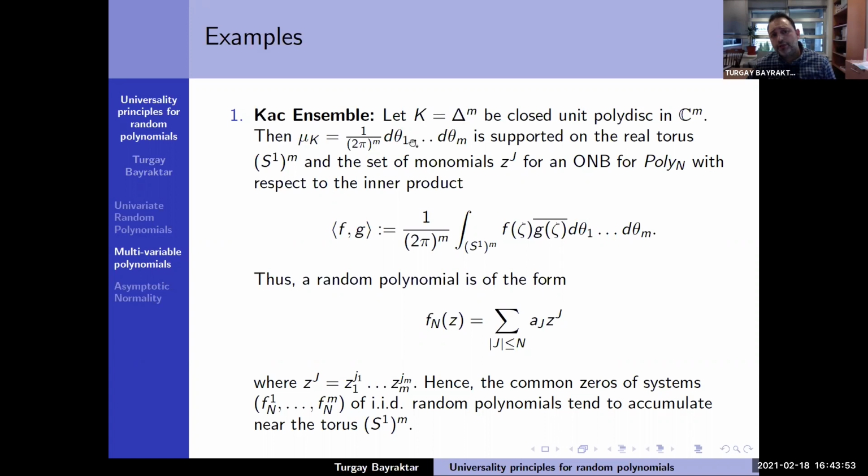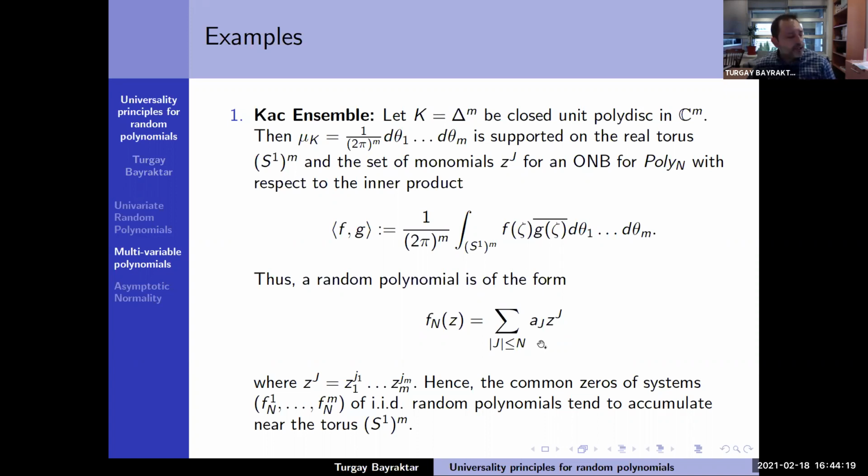The equilibrium measure turns out to be this normalized product arc length measure, supported on the torus. With respect to the corresponding inner product, your monomials become orthonormal. This is probably the most naive example, where you think of random polynomials as random linear combinations of multi-monomials. So this is your ensemble now.